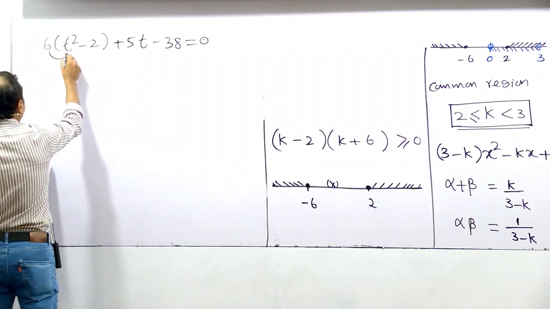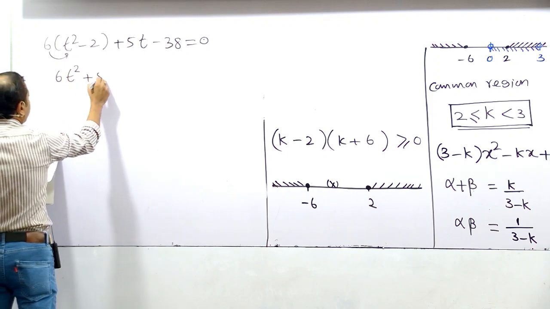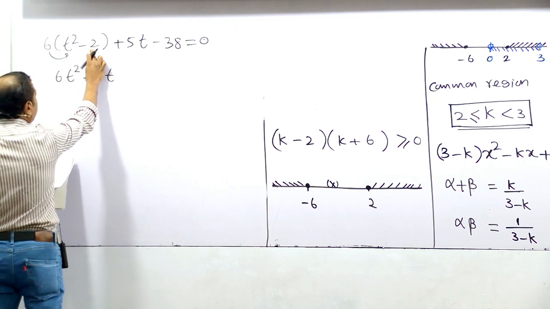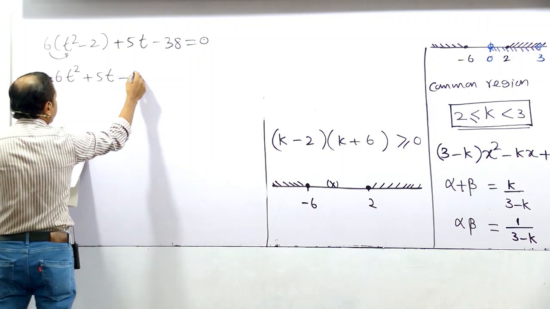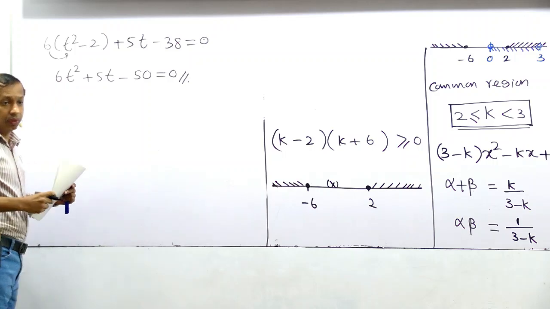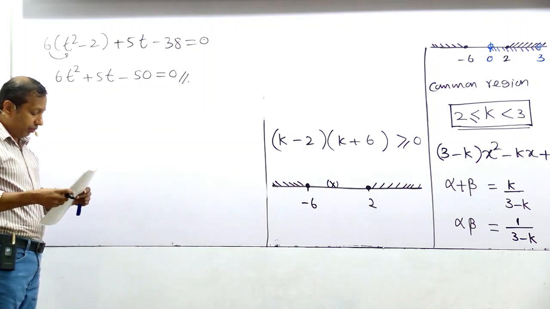Remember the bracket here: 6 times t squared plus 5t, here minus 12 and minus 38 is minus 50. This quadratic equation in t we get. Right, now this quadratic equation we have to factorize.